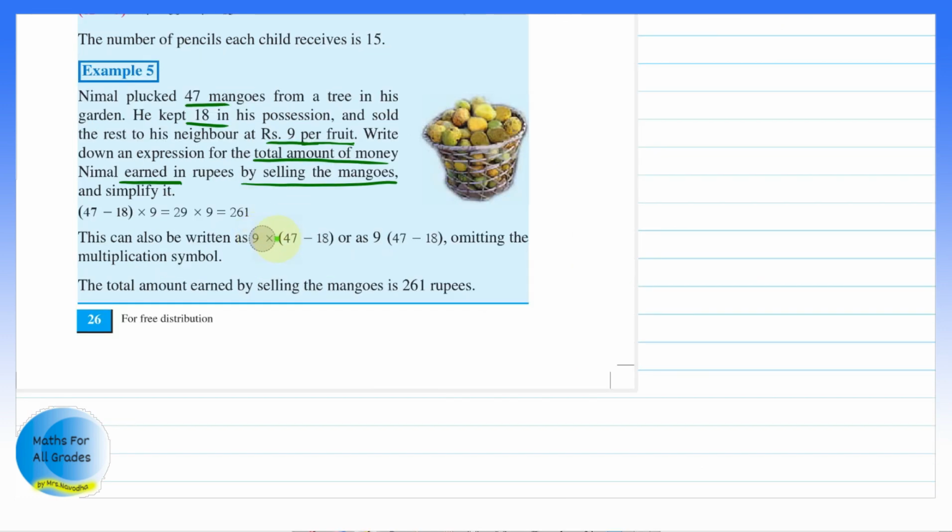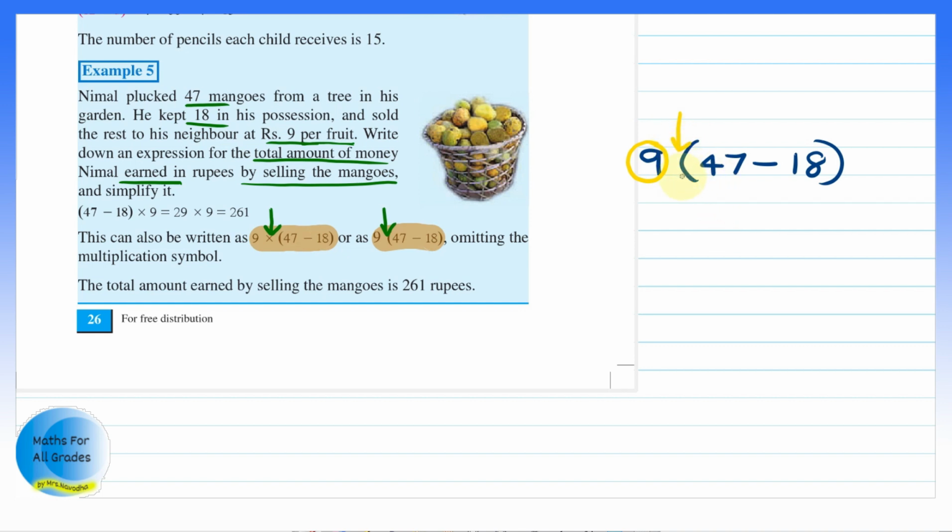Okay, now look at this expression. Here you learn something new. Now comparing these two expressions, you can see there is a multiplication symbol in one, but there is not in the other. But still these two expressions give the same meaning. So what you have to learn here is, when you see an expression like this, there is a number in front of the brackets, and in between the number and the brackets there is no mathematical operation.